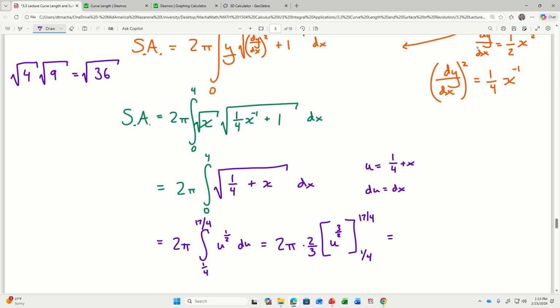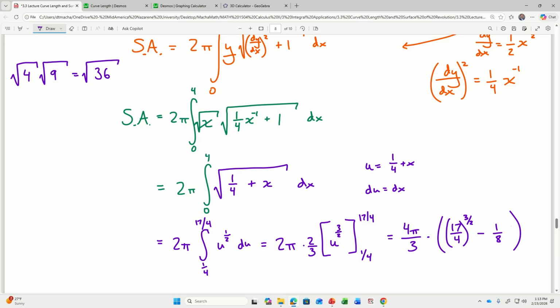So we get 4 pi over 3 times 17 over 4 to the power 3/2 minus 1/4 to the power 3/2. 1/4 to the power 3/2 is actually just 1/8. That's doable, but the 17/4, I don't know. I don't think it's possible because 17's prime, isn't it?